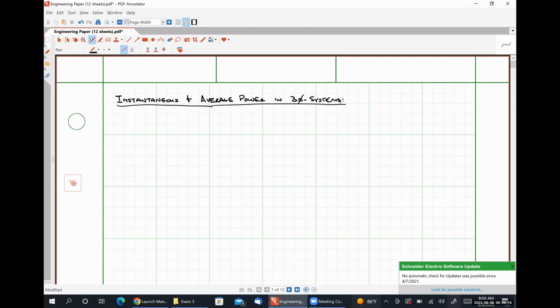So let's say that we have a delta connected three-phase load. And in this particular instance, we're going to look at what happens with a Y-connected load.